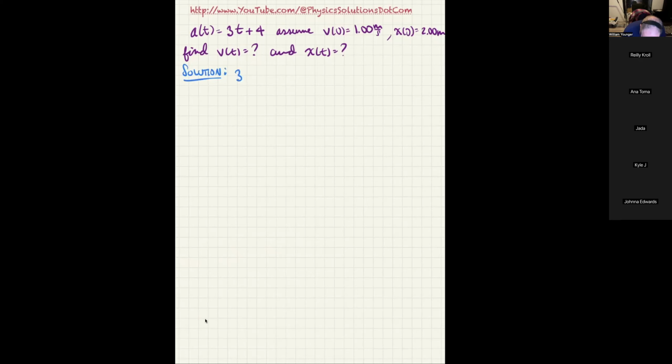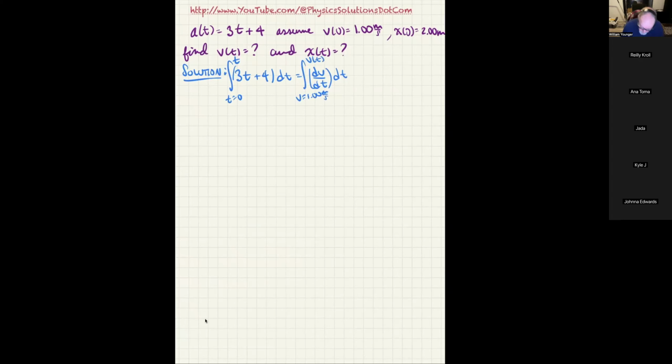So I have 3t plus 4. The 3t plus 4 being the acceleration has to be equal to dv over dt. I can now multiply by dt on both sides, and now I can integrate both sides. This side I'm integrating from t equals 0 to t, and this side I'm integrating from v equals 1.00 meters per second to v of t.